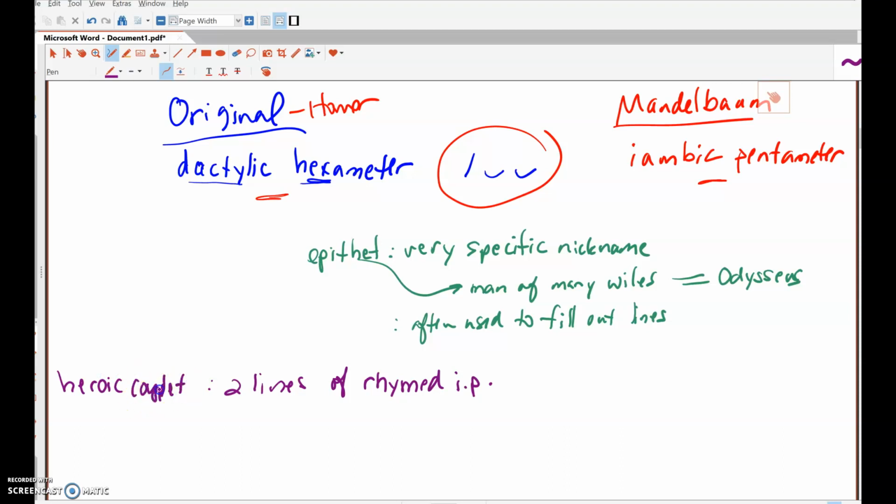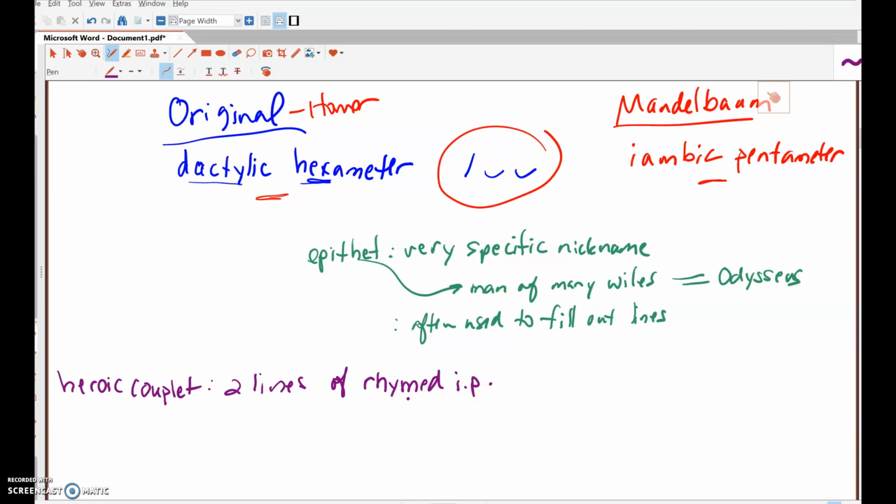A couplet is 2 rhyming lines. C-O-U-P-L-E-T. A heroic couplet: 2 lines of rhymed iambic pentameter.